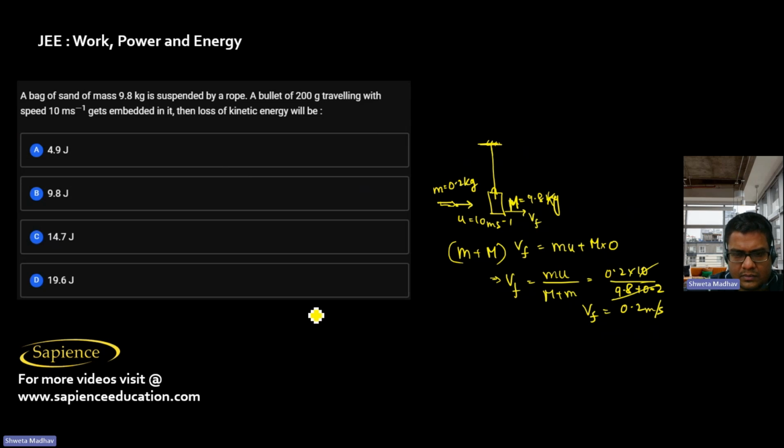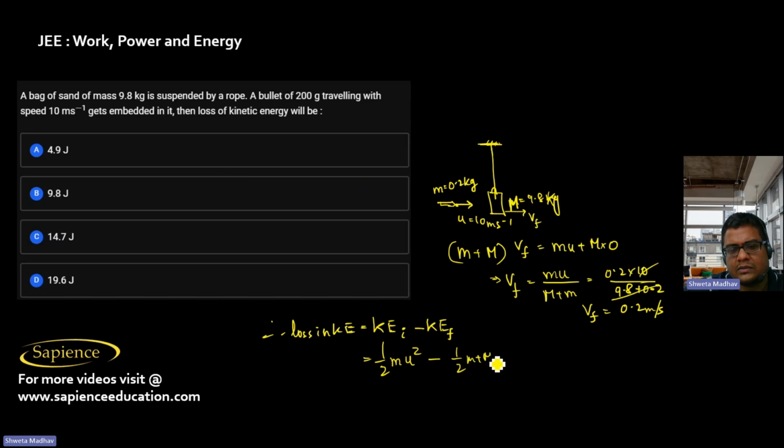So therefore the loss in kinetic energy is the kinetic energy initial of the system minus the final kinetic energy of the system. So kinetic energy of the system initially is half m u square, minus half m plus m into v final square. So this will be half into 0.2 into 10 square, minus half into 10 into 0.2 whole square.